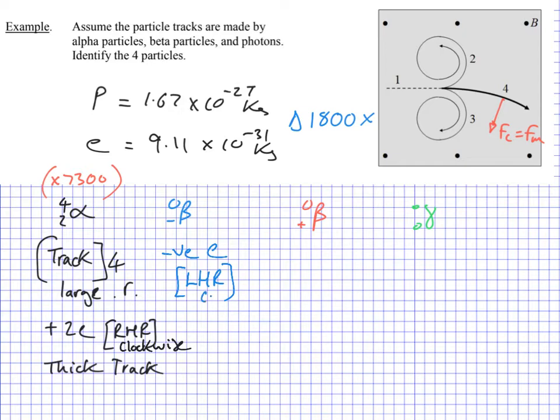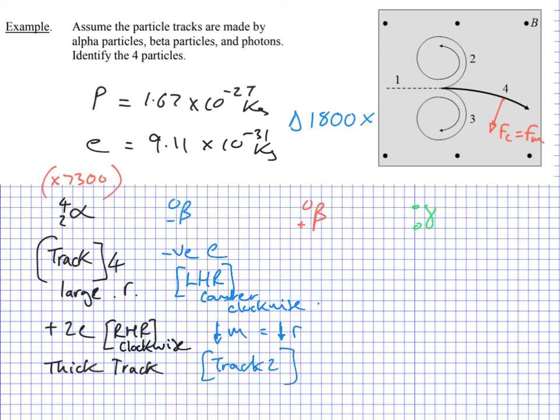So the left hand rule means it's going to go counterclockwise. It's also got a much smaller mass. So the decreasing mass means that there's going to be a decreasing radius. We'll talk more about that in the next example. So this one is going to be track 2.